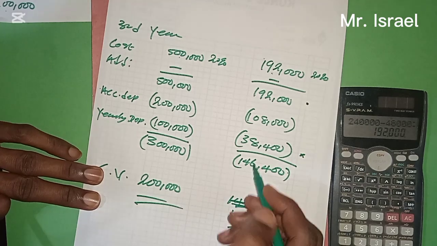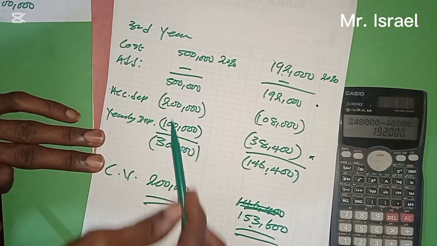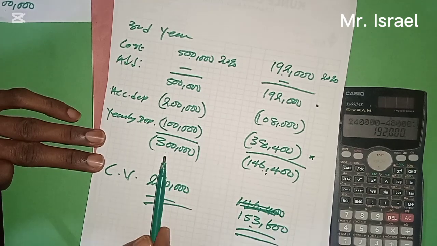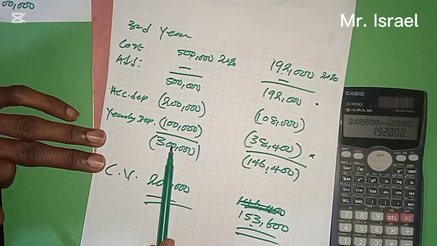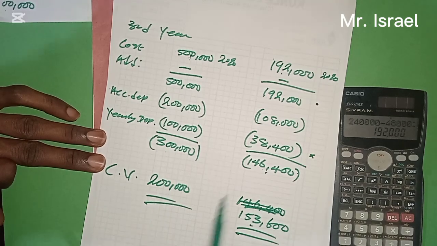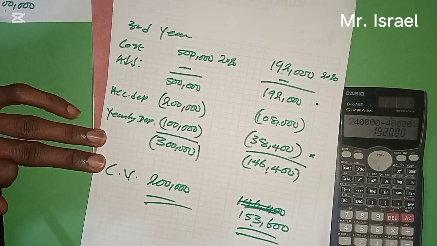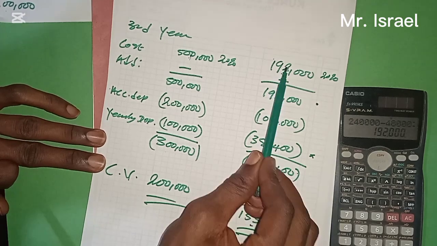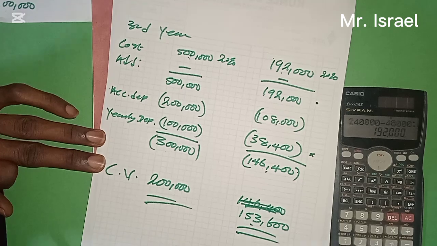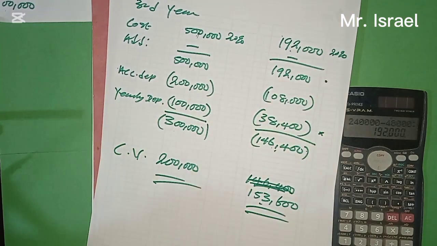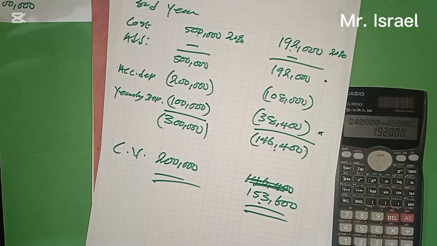This is the accumulated depreciation, when you add this. But here now we have the accumulated depreciation like this. Since we are dealing on the cost, we'll say 500 minus this will give us 200. But here we are not dealing on the cost, but on the carrying amount, the carrying value. We'll now say 192 minus 38,400, which will give us 153,600.